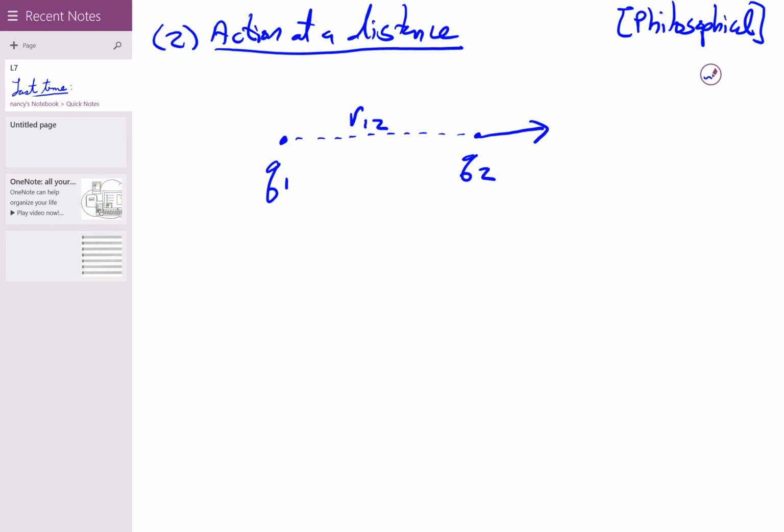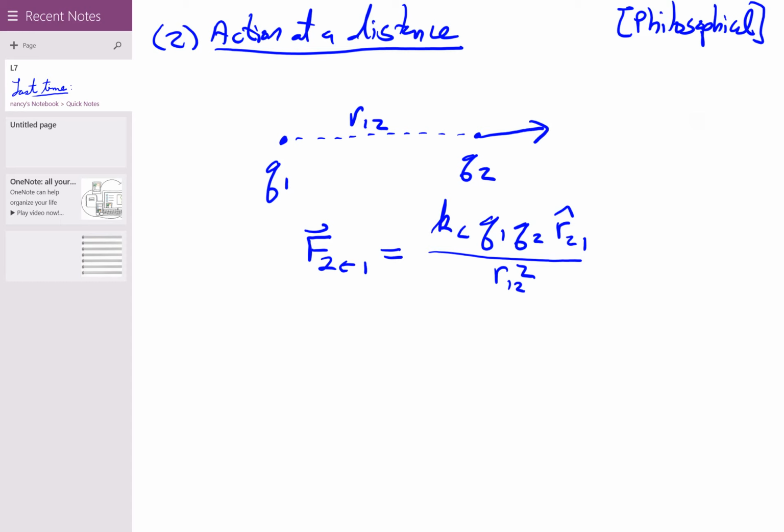Now, we said that the answer to that was not to think of the force on 2 due to 1 as following directly from some law: Coulomb's constant, Q1, Q2, R hat 2,1 over R12 squared. We said no, we wanted to get away from that because that implies that you can have this force exerted over this distance instantaneously.